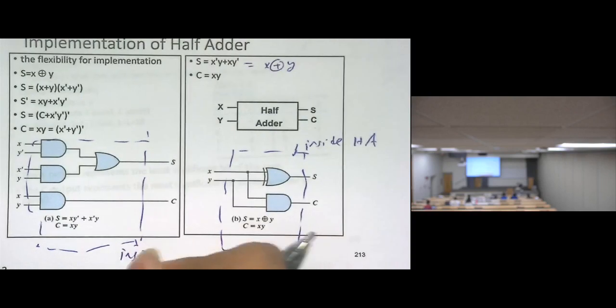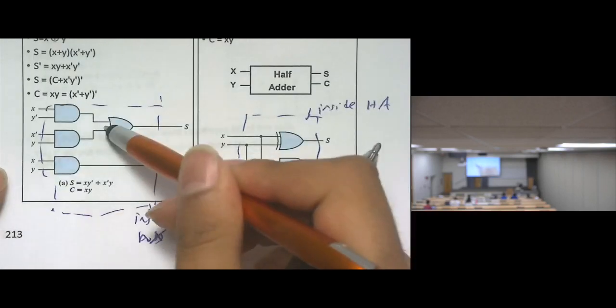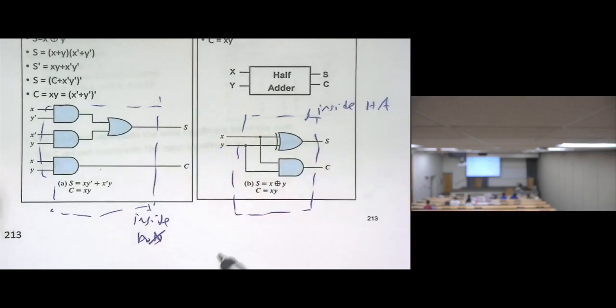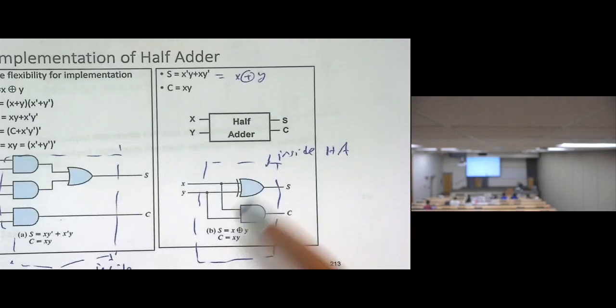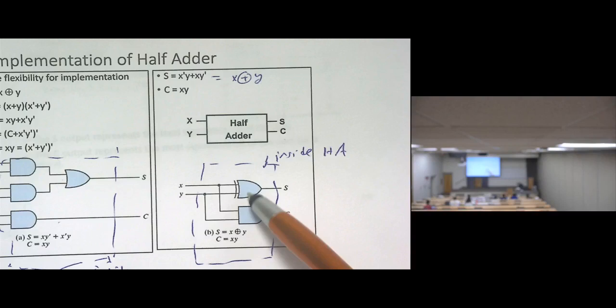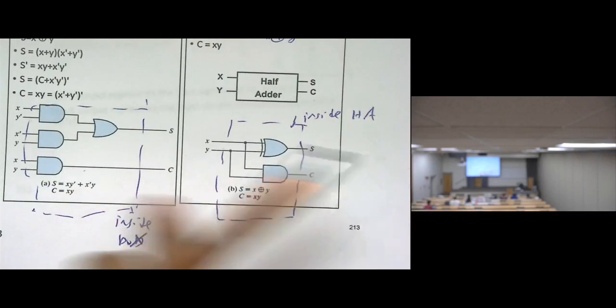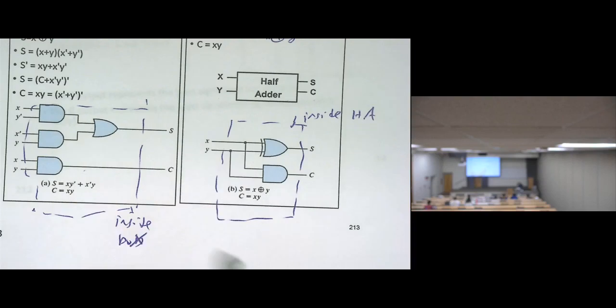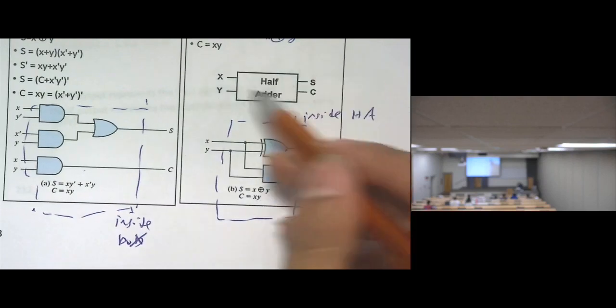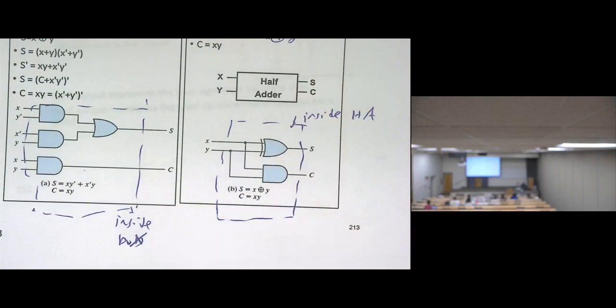When you do the Karnaugh maps, you will get this and this. But when you do algebra with exclusive OR, you get this one. So either representation is fine. This is what's inside the box, but we can make a shortcut, which is this half adder.